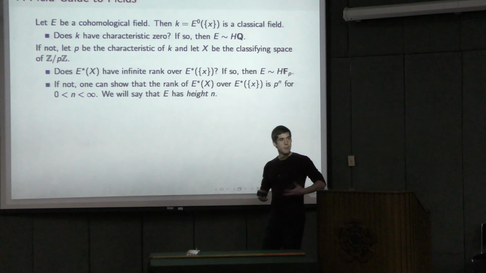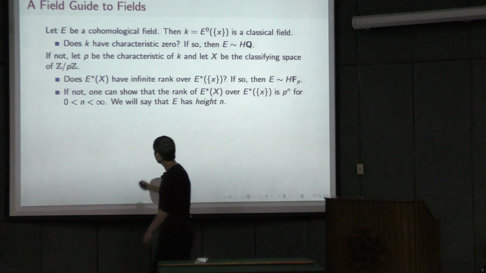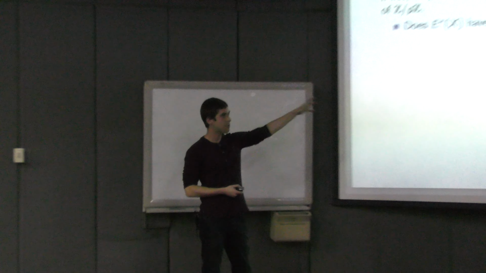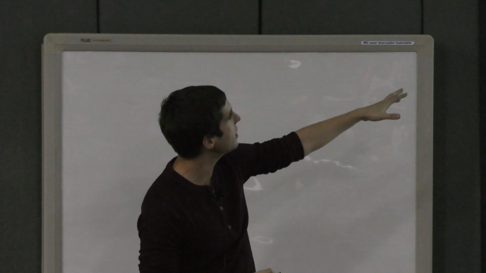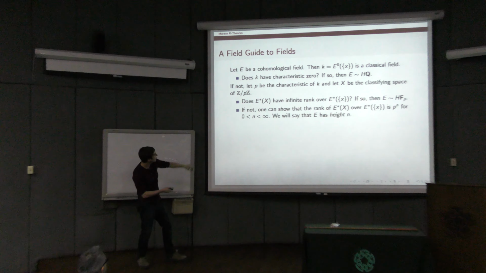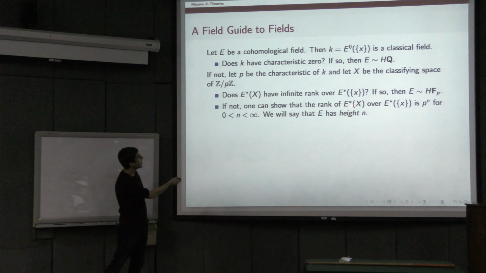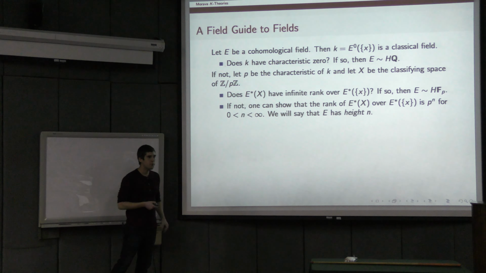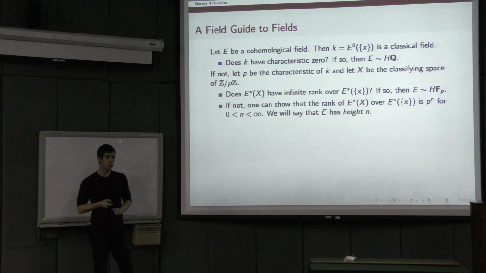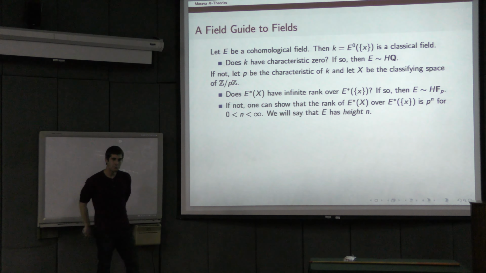So you can extract from it a formal group, and this height, in the sense that I just defined here, is the same as the height of that formal group. And the reason is that when you do this calculation, what is the E-cohomology of X when X is BZ/p, that is the ring of functions on the p-torsion in that formal group. And the height is, by definition, the size of the p-torsion.